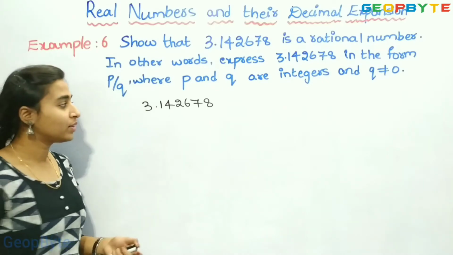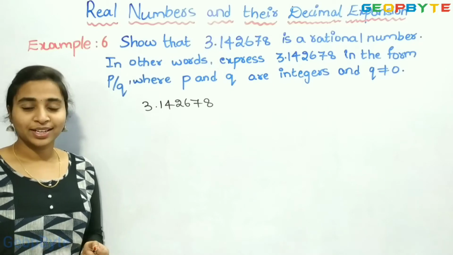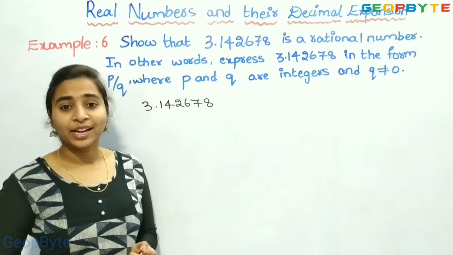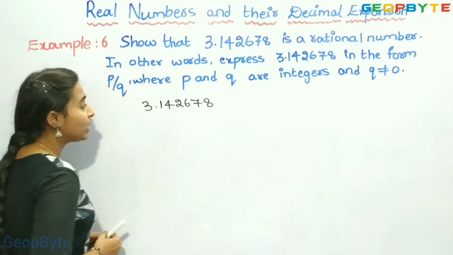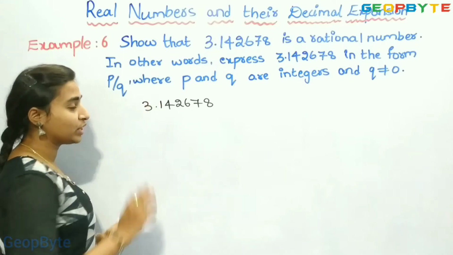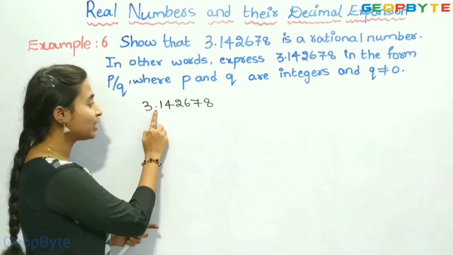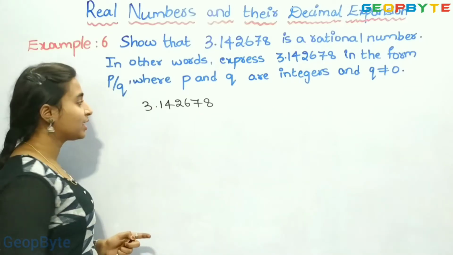In order to convert a decimal number into a rational number, we need to check the number of digits after the point. See, here we have the point. After the point, how many digits are there?